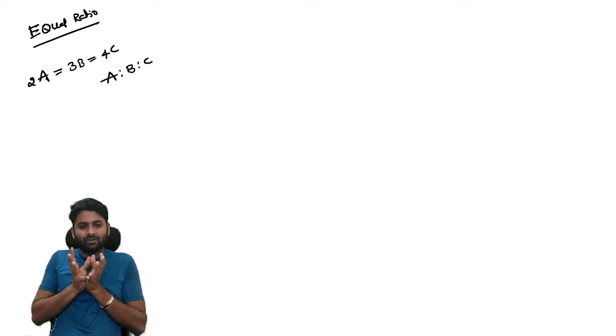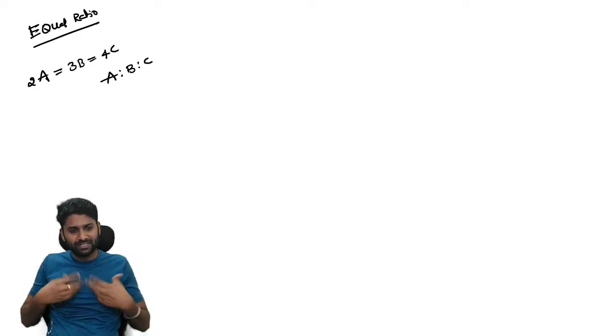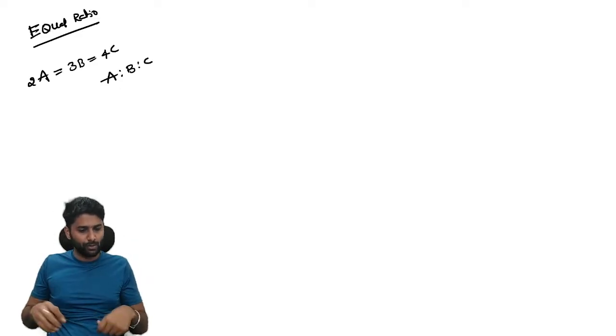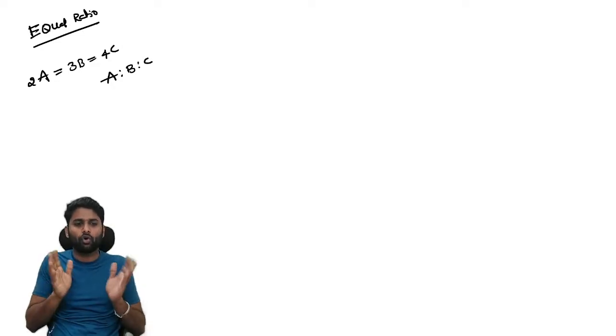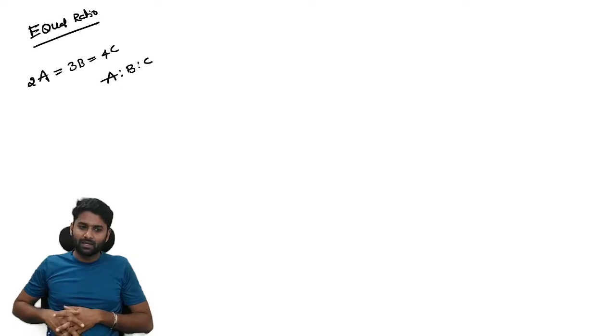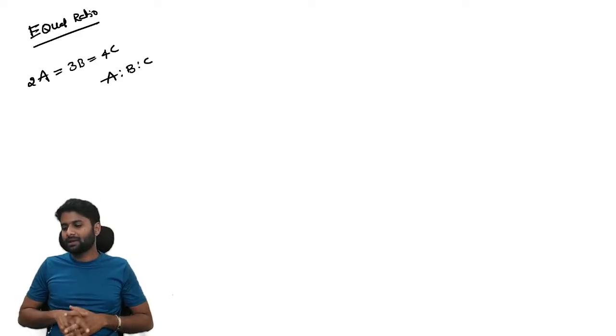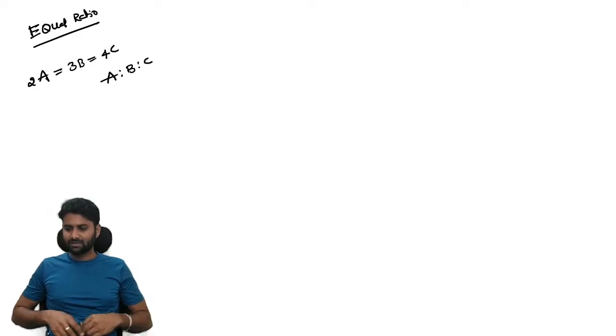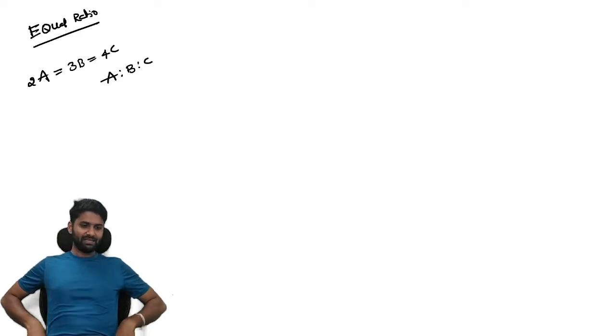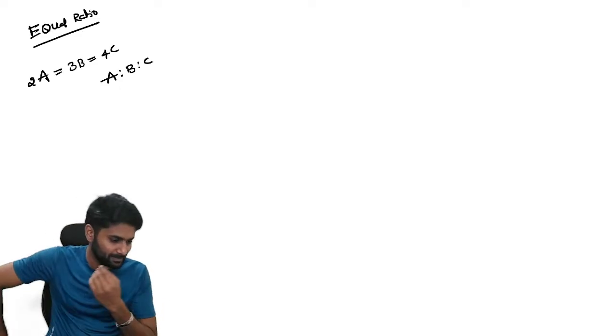It means whatever A's value, if you double it, whatever B's value, if you triple it, whatever C's value, if you go for 4 times, all the resultants are the same. So if you want the same resultant, what can be the A, B, C value? I will give some time. Give me the answer. What can be the ratio of ABC?